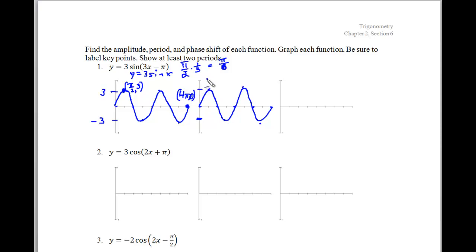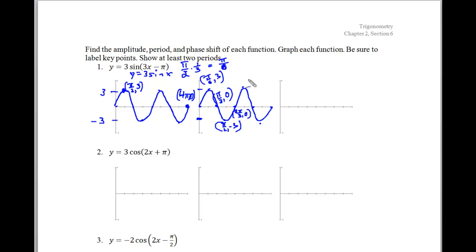So this is going to be pi over 6 comma 3. This is 2 pi over 6, or pi over 3 comma 0. This is pi over 6, 2 pi over 6, 3 pi over 6, or pi over 2 comma negative 3. And so 1 pi over 6, 2 pi over 6, 3 pi over 6, 4 pi over 6, which is 2 pi over 3 comma 0.